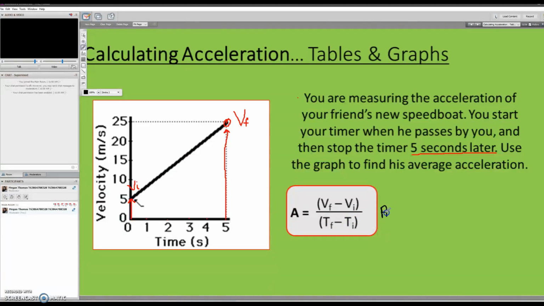So acceleration is going to equal my final velocity. And when I look on my graph, final velocity is 25 meters per second. Velocity is marked here on the y-axis. So when I find my line at 5 seconds, I can track it over to 25 meters per second.